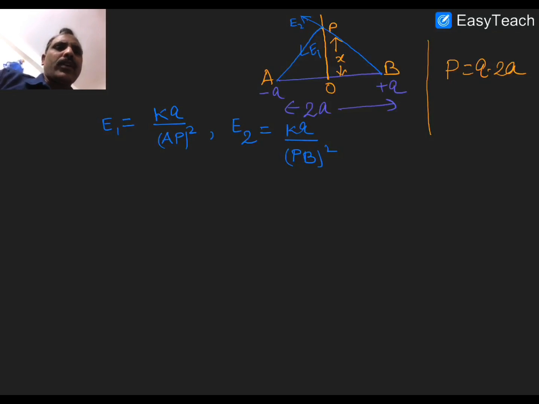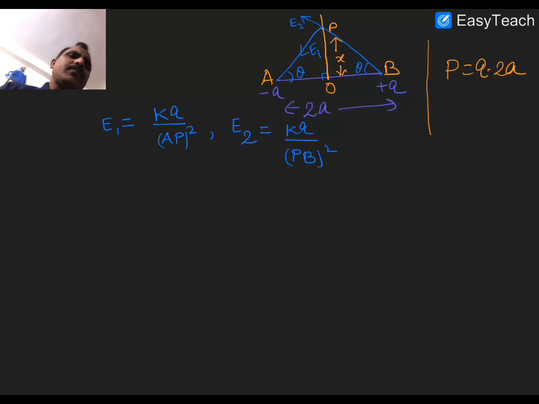This is AP square. Let this angle be theta. This one is also theta because APB is an isosceles triangle, and AOP and BOP are congruent triangles. So this is theta, and this is a right angle triangle.